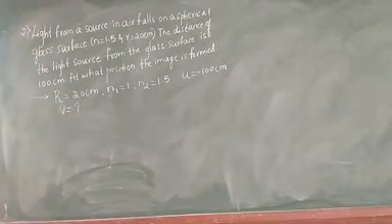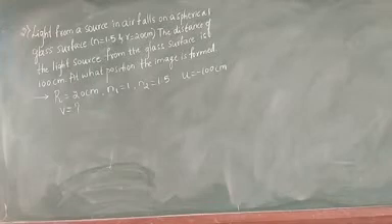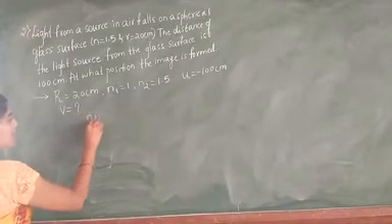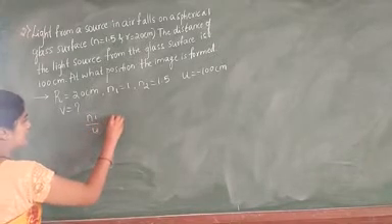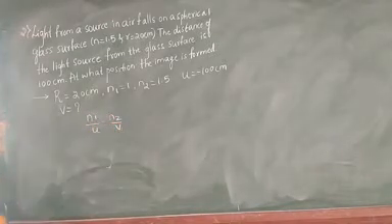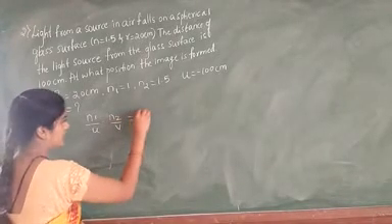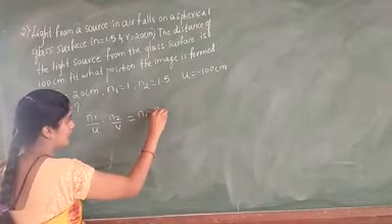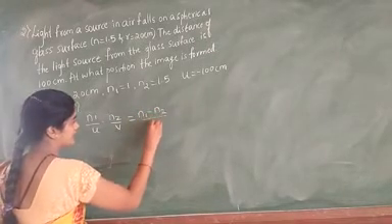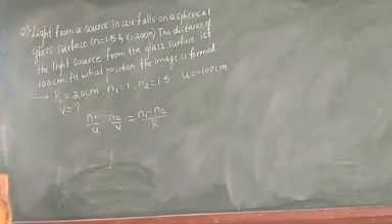Now let us consider the formula. The formula we are considering is n1 by u minus n2 by v is equal to n1 minus n2 by r, where r is the radius of curvature. Now put the values of n1, n2, r and calculate the value of v.